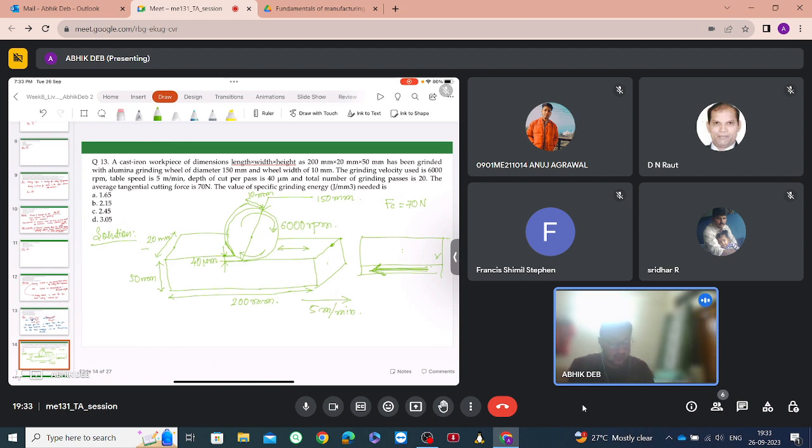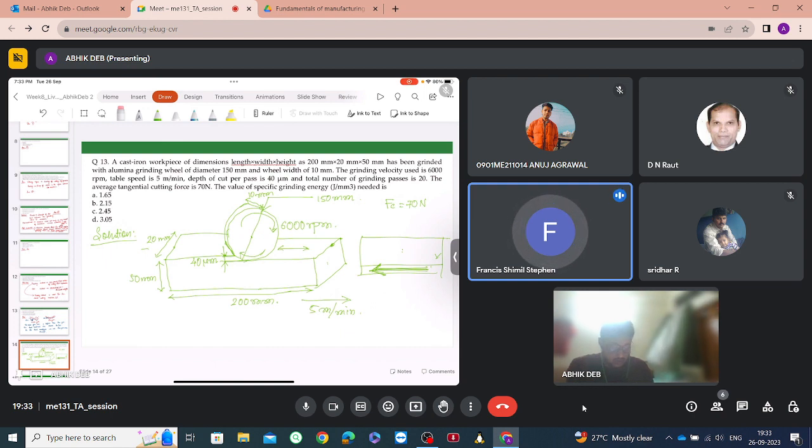Do we need to consider only one pass, or do we need to consider that motion as the table movement in the forward direction, for different passes?